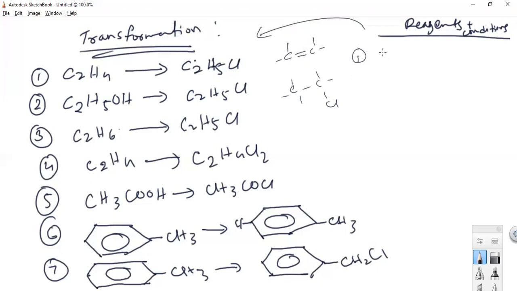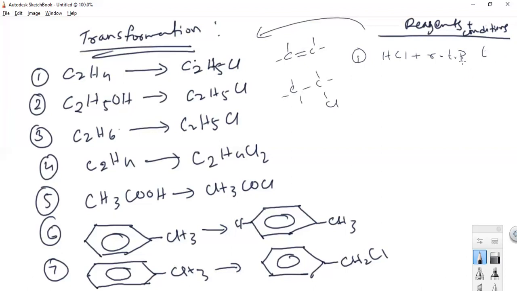So the reagent and condition is HCl plus room temperature, no other special condition. I'm writing nothing special beside it. You don't need to write it, just for simplicity I have written.